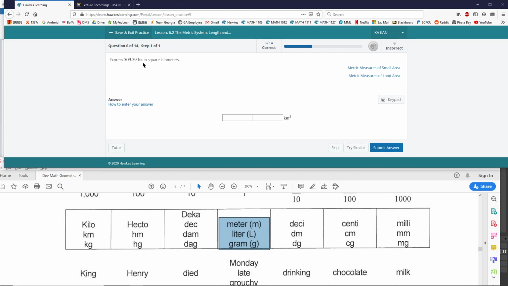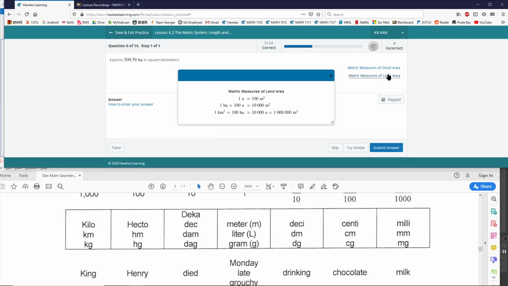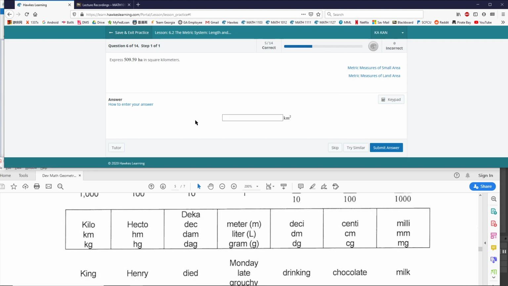Now that's the HA. This is square kilometers. I believe this would be considered a big area. So 1 HA is 10,000 square meters. Let me write this down.